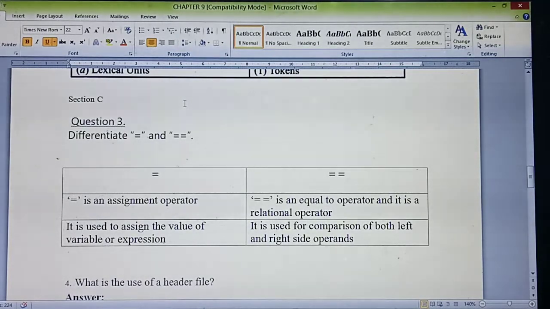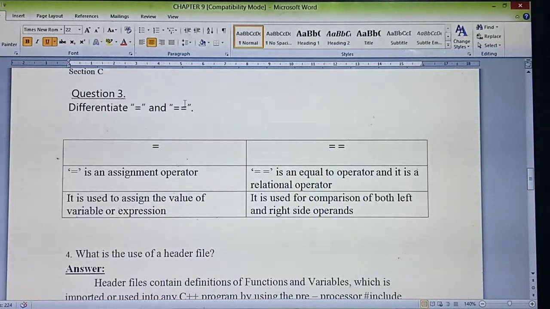So differentiate equal to and double equal to, okay.